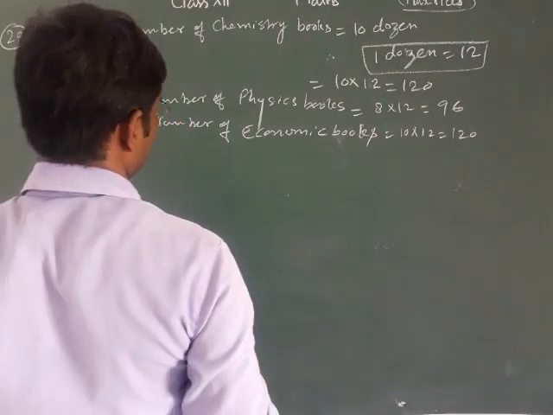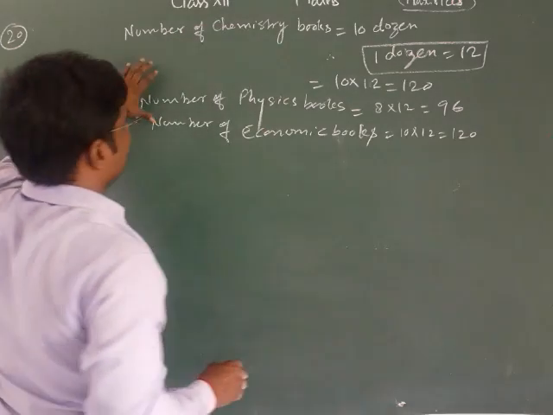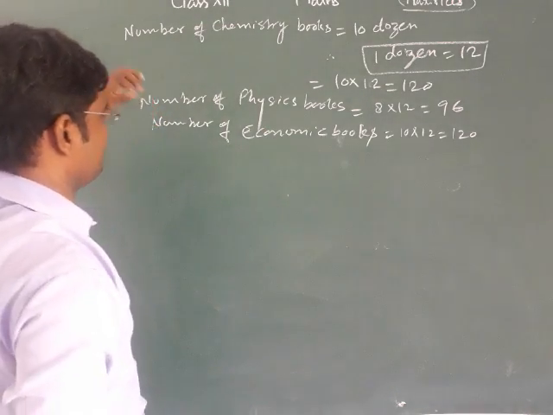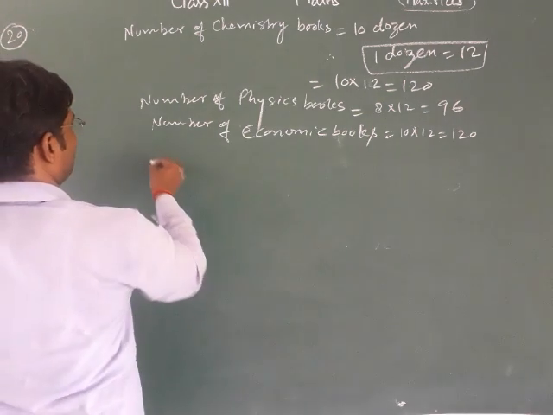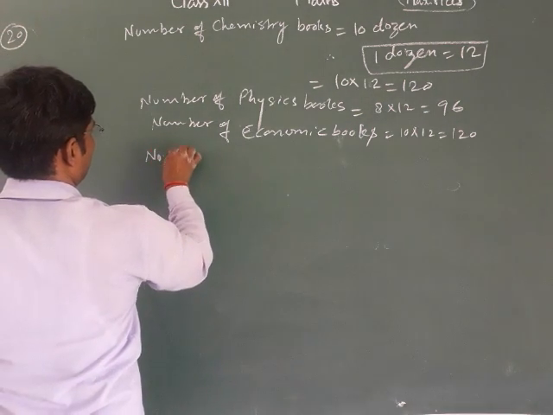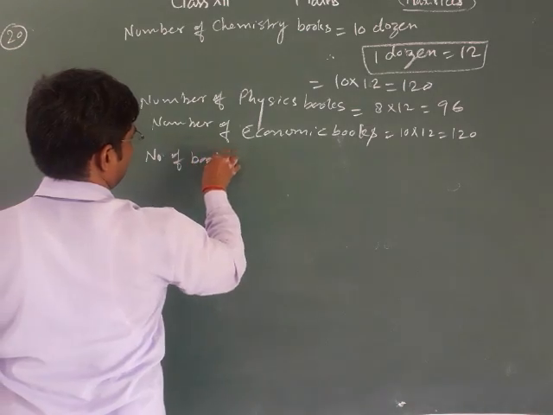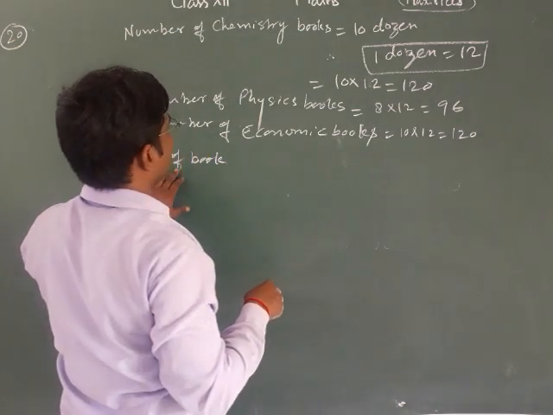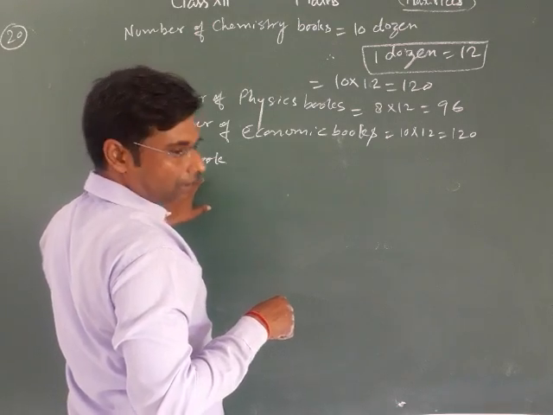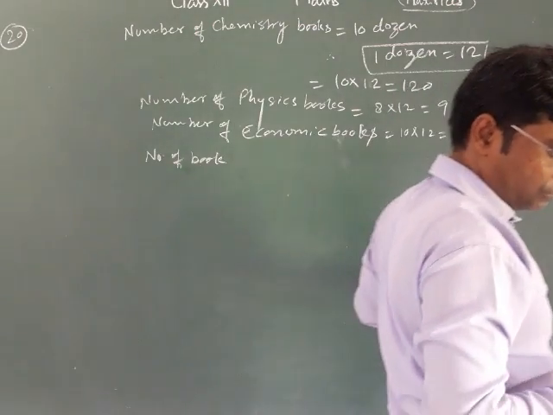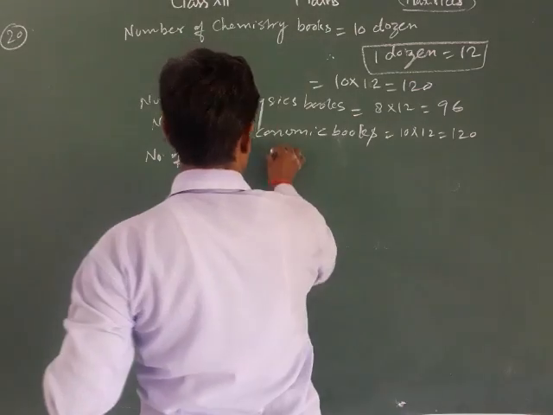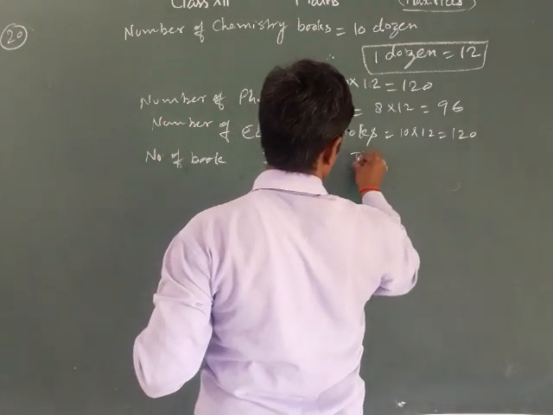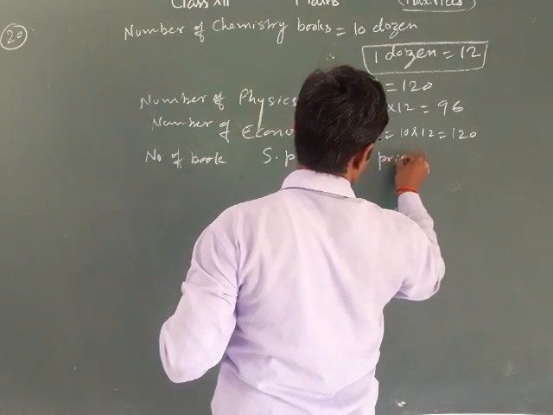Now using matrix multiplication we can solve this. The number of books and the selling price is equal to the total price.